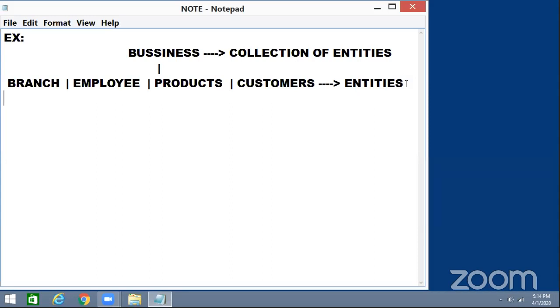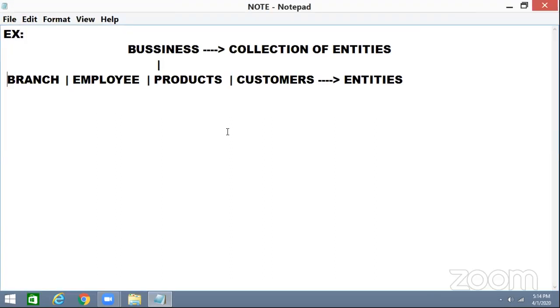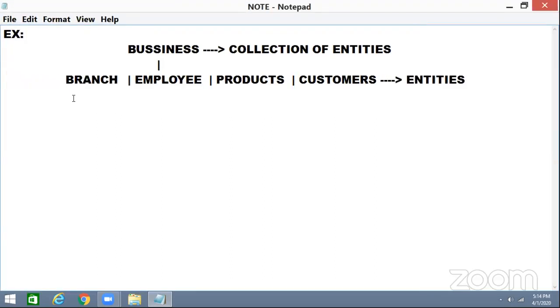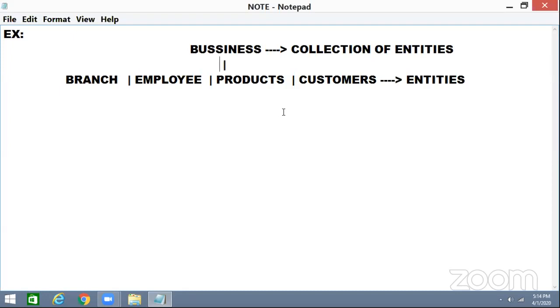Now, initially in my business, I start with a few branches. Assume that. So the initial stage of my business. Now I will explain clearly, diagrammatically, so please try to understand.